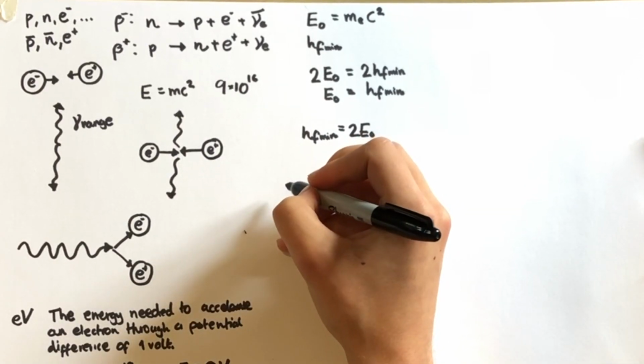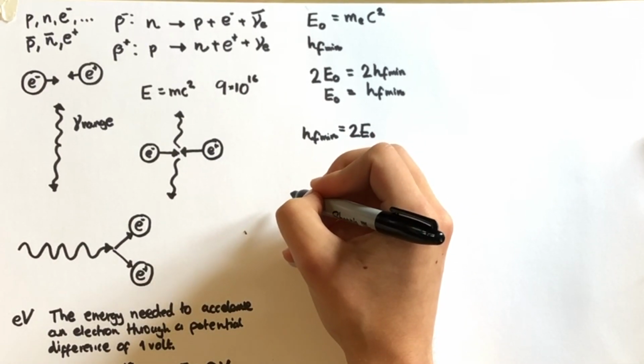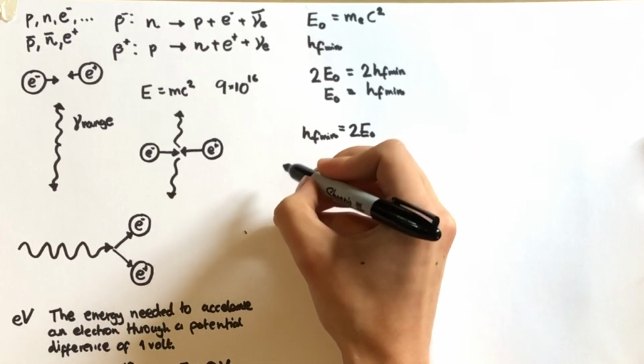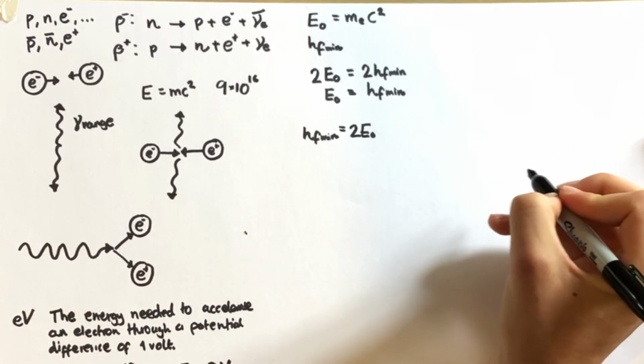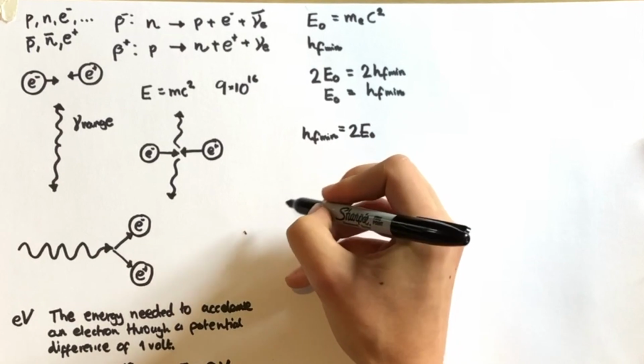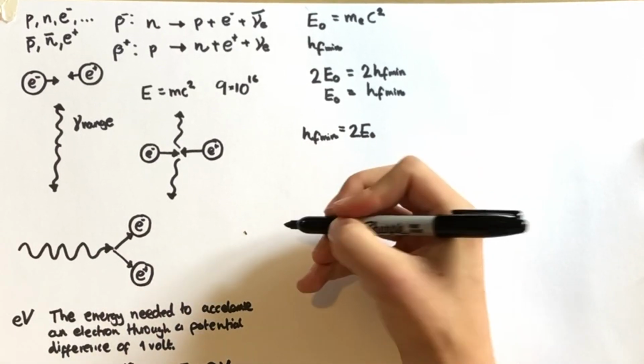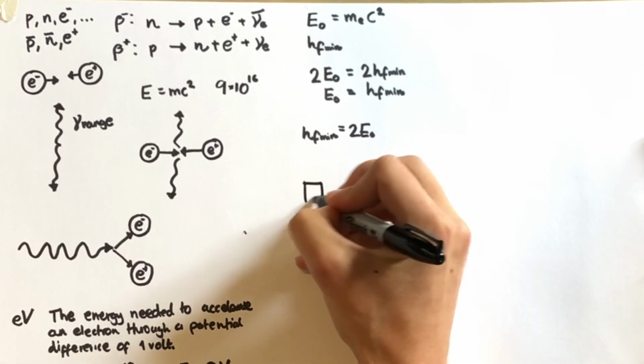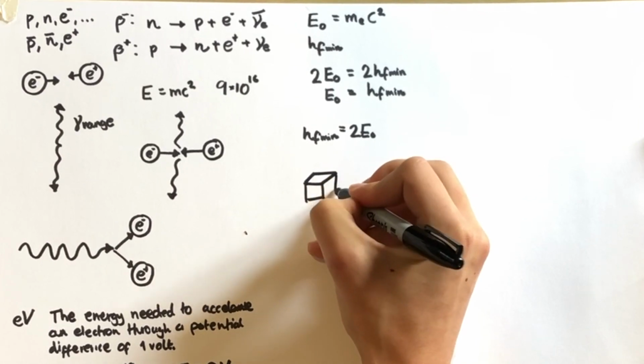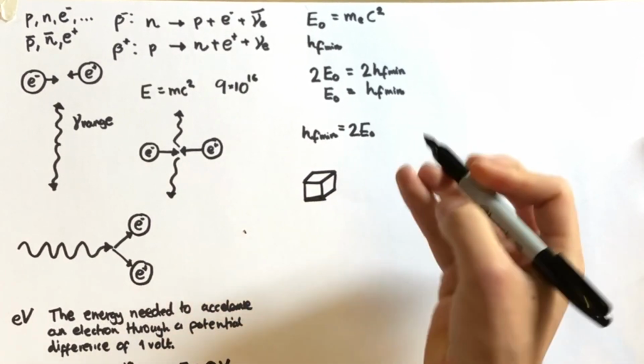So now let's move on to particle interactions. How do particles interact at this level? Now, we know classically that an object, say we have a block here, experiences many forces.